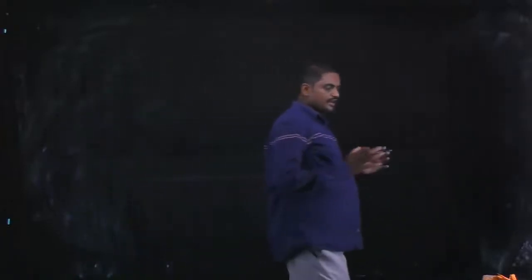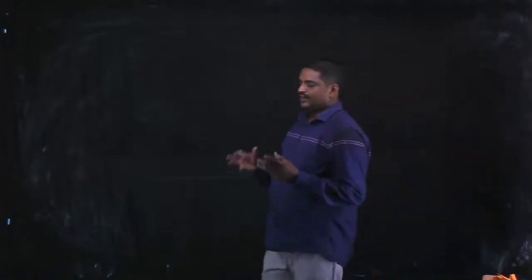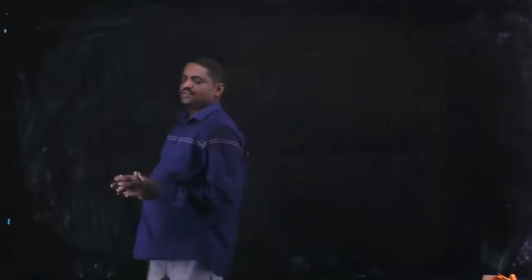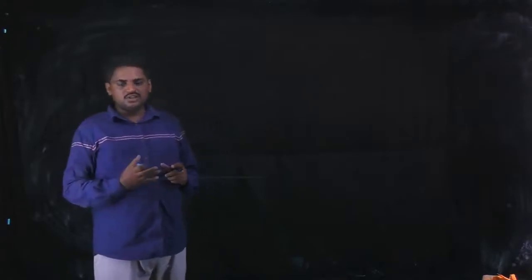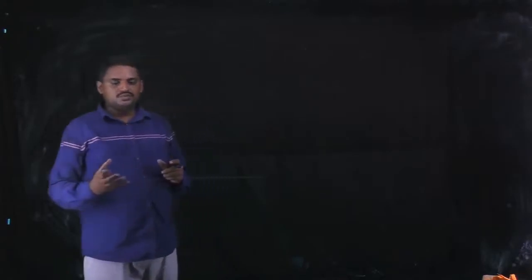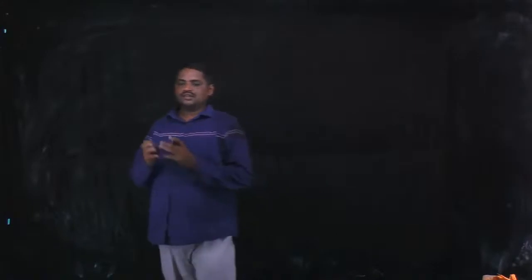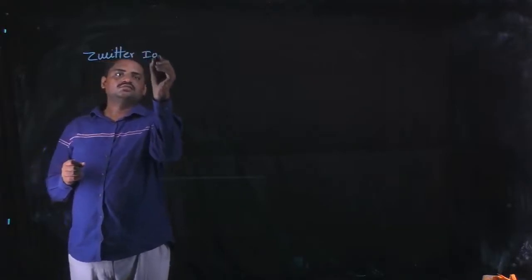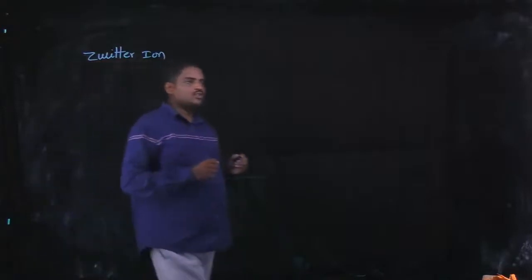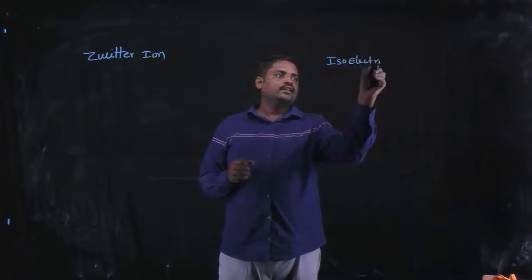Last time, I discussed different types of vitamins and the classification of proteins. Next, an important term for the involvement of different types of proteins and amino acids: Zwitter ion and isoelectric point.